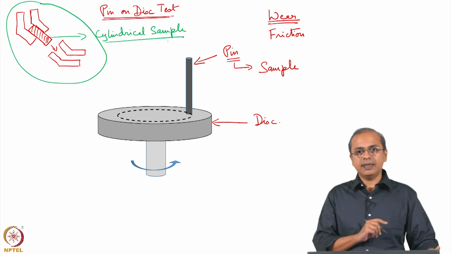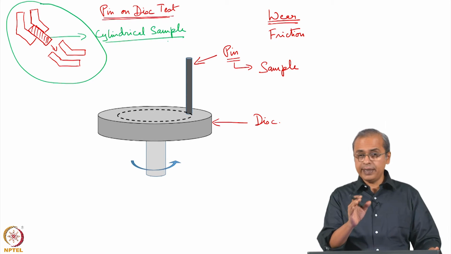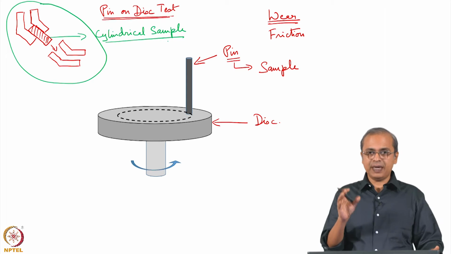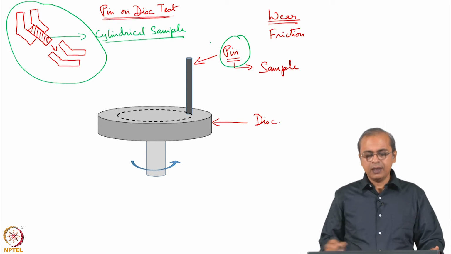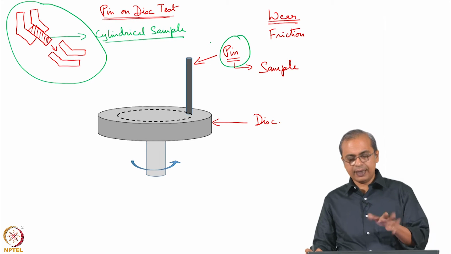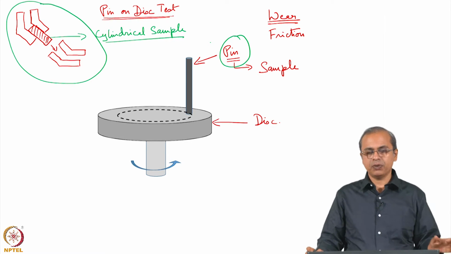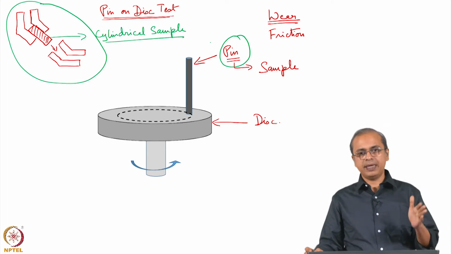So, you are getting a cylindrical sample, and it already has the kinds of dimensions required to fit this pin. If you carefully tailor your sample preparation process, at the end of it you will get a pin.